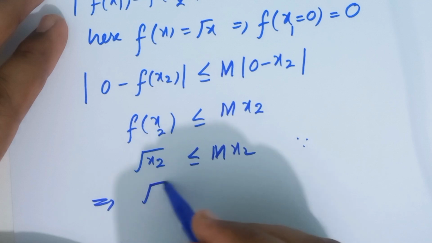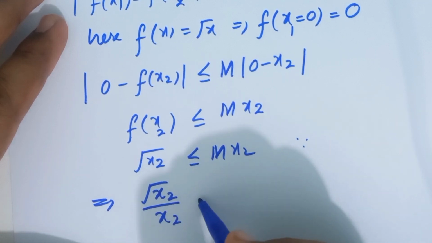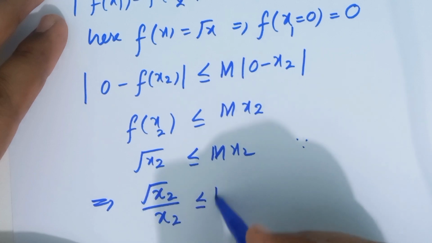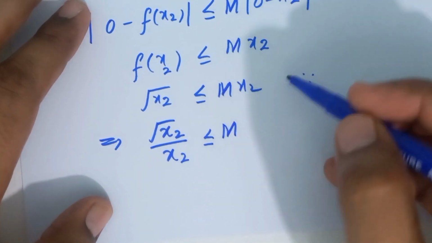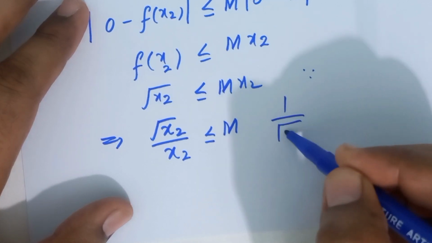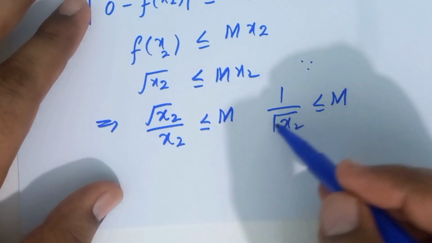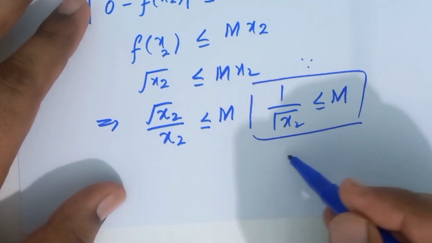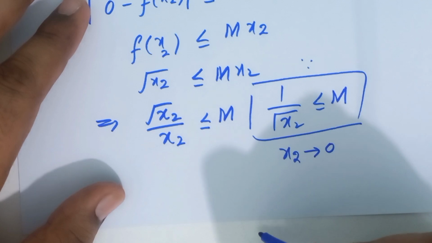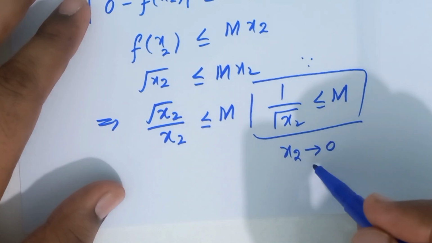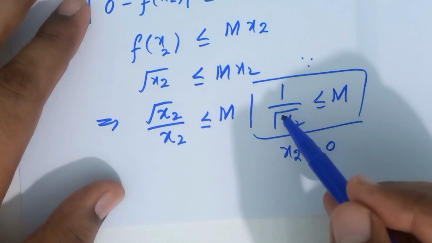This implies dividing by x2, and finally this becomes 1 over square root x2 less than or equal to m. Now, does this inequality hold when x2 approaches 0? No. When x2 approaches 0, the left side will be unbounded.